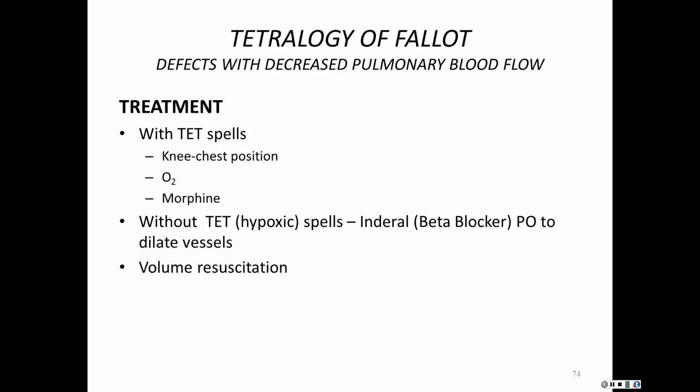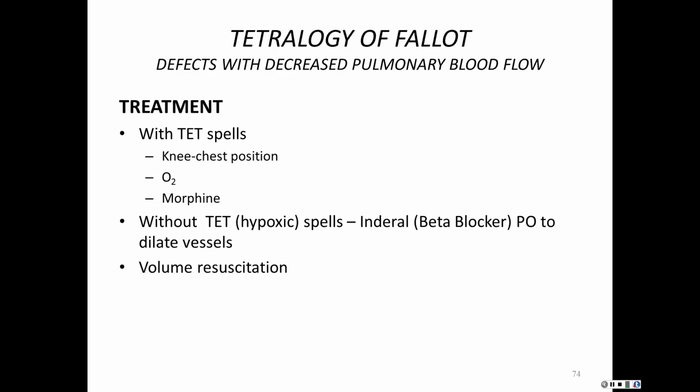You want to teach the caregivers about these knee chest positions, keeping the head up, because this will decrease the systemic vascular resistance and return blood to the heart. Now, hopefully it also decreases the right to left shunting and increases blood flow to the lungs. You need to be very careful, but you've got to increase that volume to decrease the viscosity of the blood.